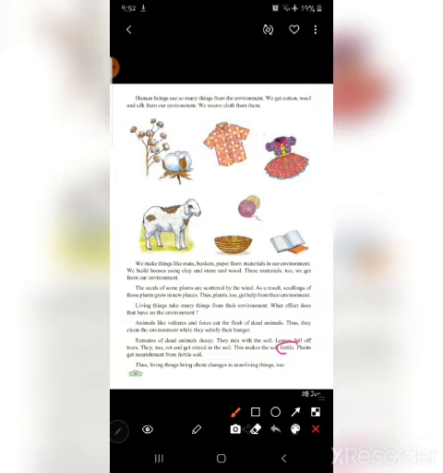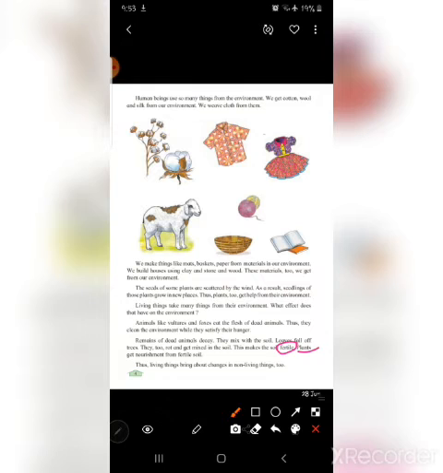Fertile means what? Fertile land is that land on which a large and good vegetation can be grown. Soil which is good, on which many crops or many plants can be grown, which is good for growing vegetation. That soil is called fertile soil.